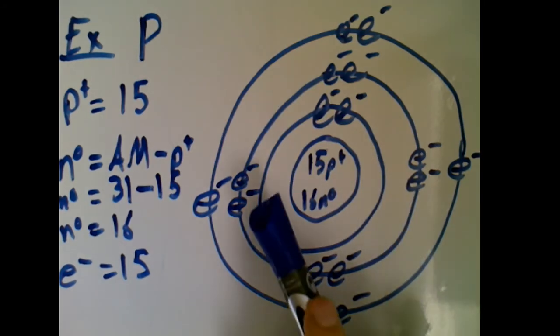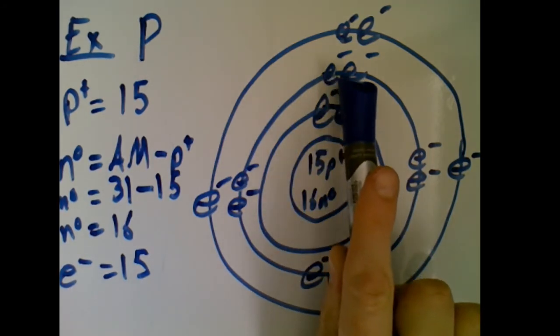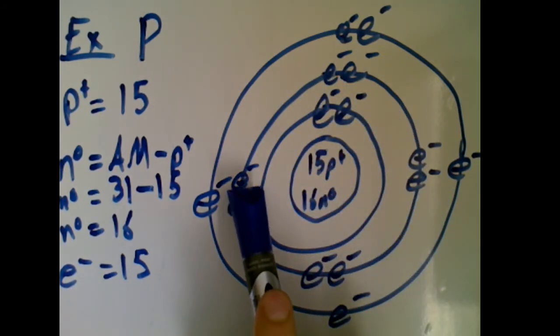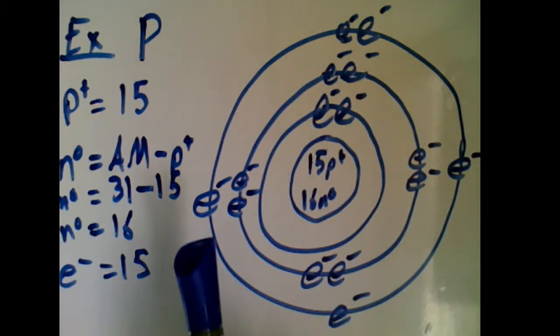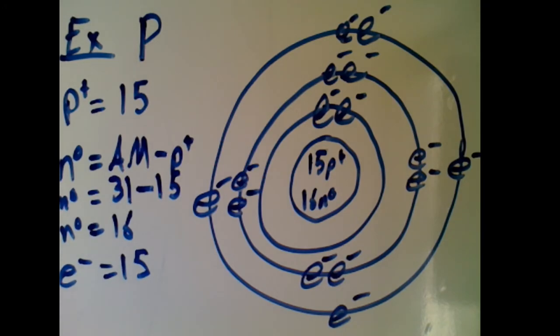I paired up my electrons and I started top, right, bottom, left. And I did that and made sure that I had one by itself in each case. This is not something that you necessarily have to do unless your instructor tells you to, but if you continue on with chemistry and you start learning more, it actually makes a lot of sense and it will help you kind of understand some of those things a little bit later.